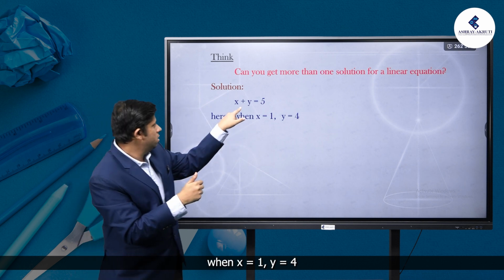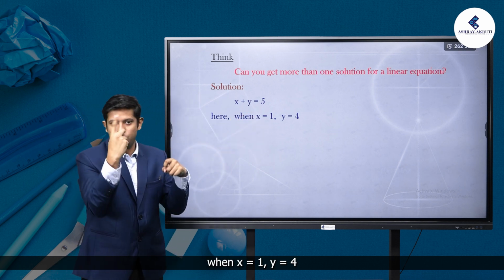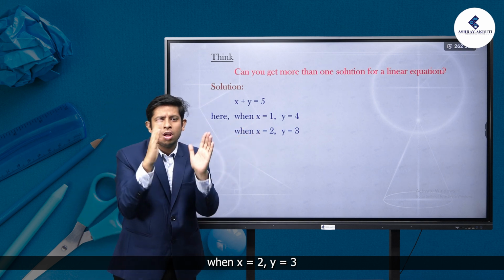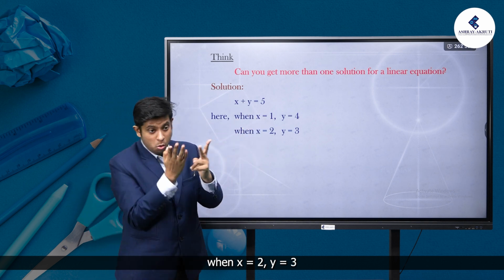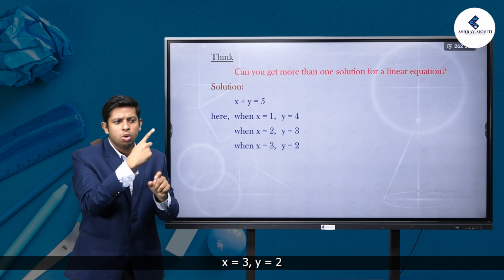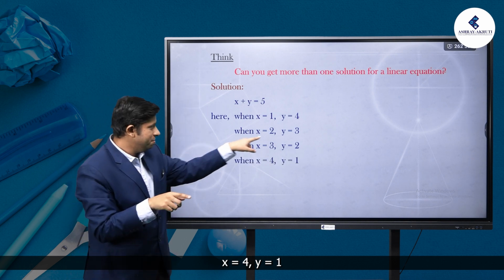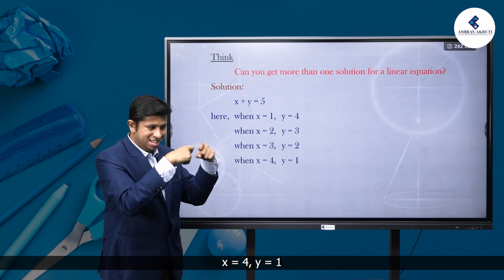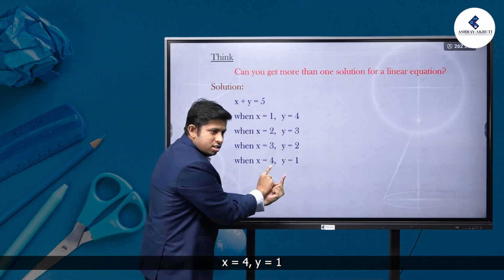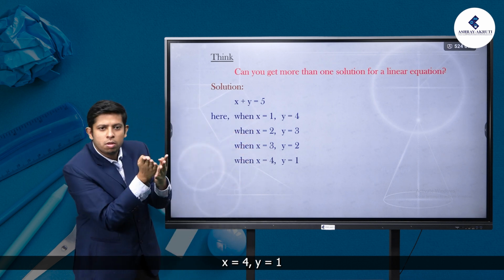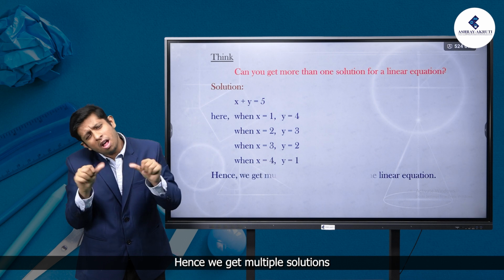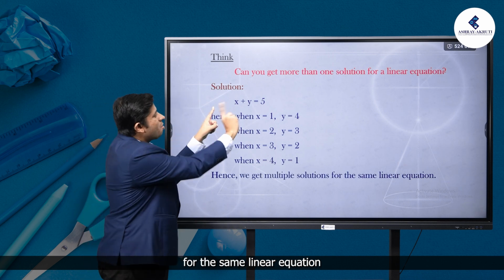Here, when x is equal to 1, y is equal to 4; when x is equal to 2, y equals to 3; x equals to 3, y equals to 2; x equals to 4 and y equals to 1. Hence we get multiple solutions for the same linear equation.